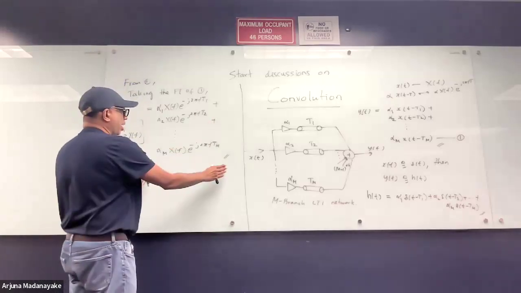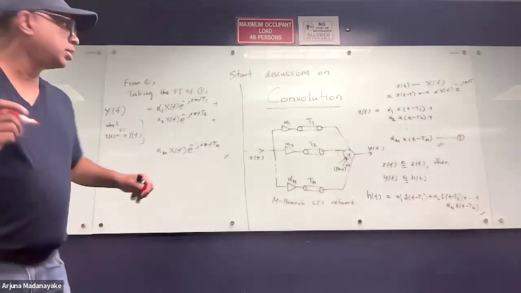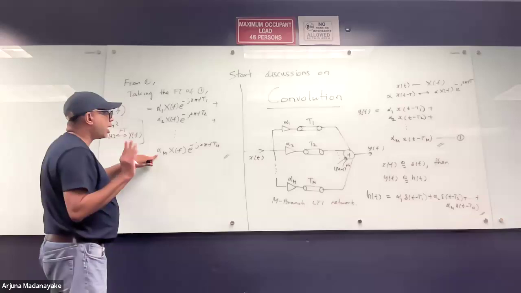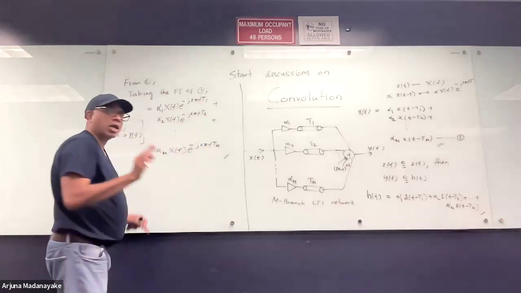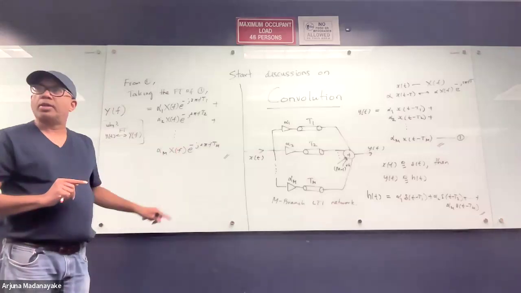But this can be simplified. When you look at this, you can see some common parts. What's common? Alpha 1, alpha 2, alpha M are not common, and the phase rotation components are not common, but the transform X(f) is common.